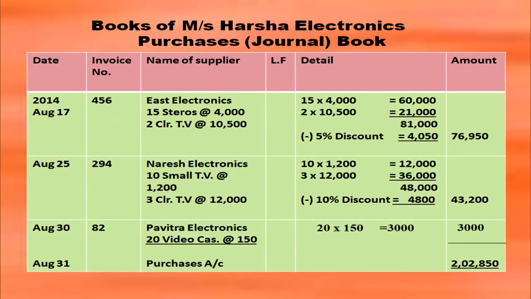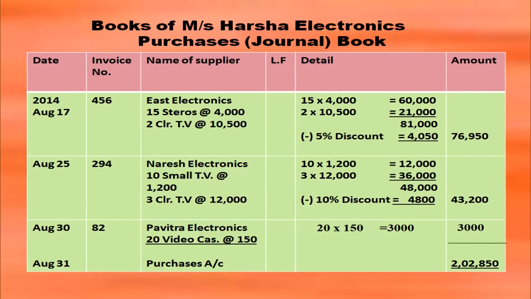And on August 25th, again in the name of the supplier column, Naresh Electronics, another supplier. 10 small TV at rupees 1,200. 10 into 1,200 in the details column. And Harsh Electronics bought 3 color TV at rupees 12,000 from Naresh Electronics.